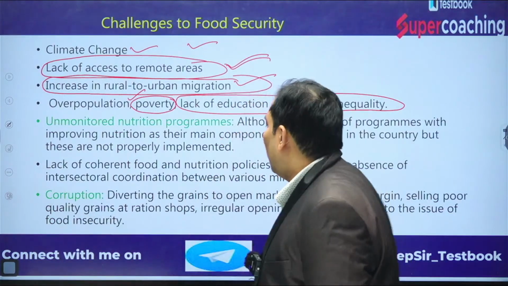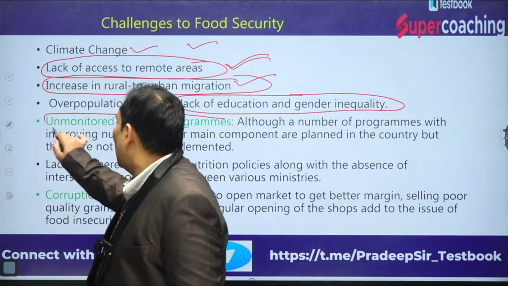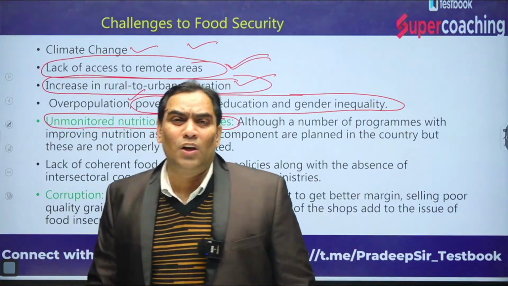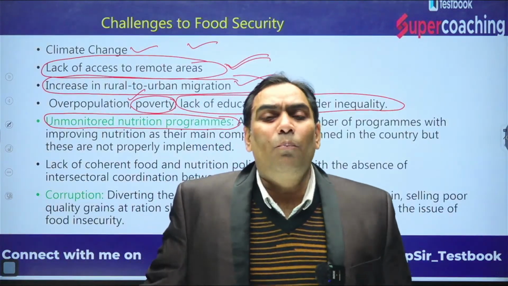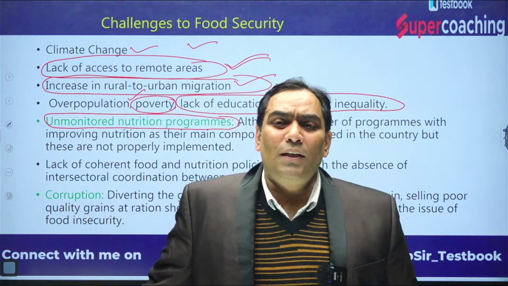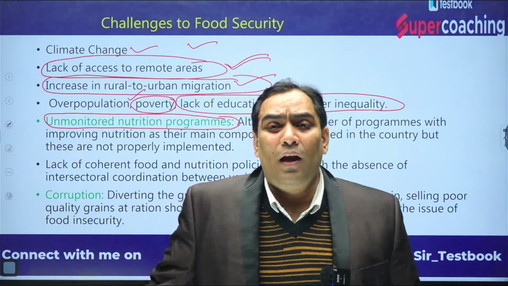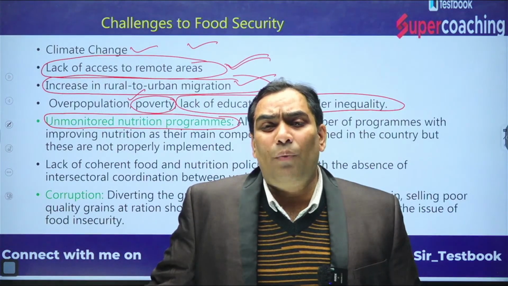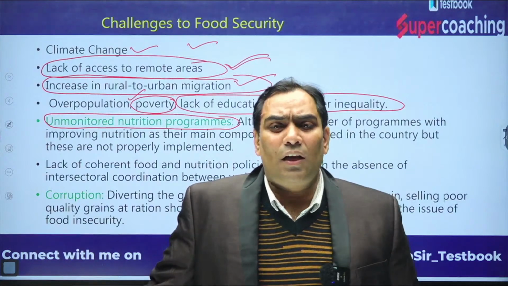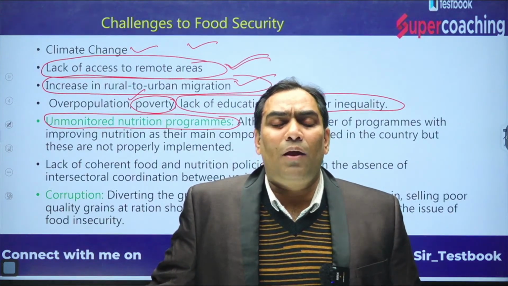Not only this, there are unmonitored nutrition programs. That means we are running a lot of nutrition programs. The government is running programs for a pregnant woman from the moment she gets pregnant to the moment she gives birth to the child, and not only for children, the government is running a lot of social welfare programs as well.